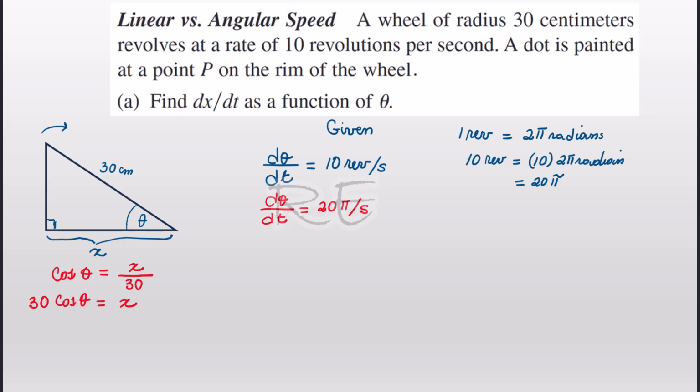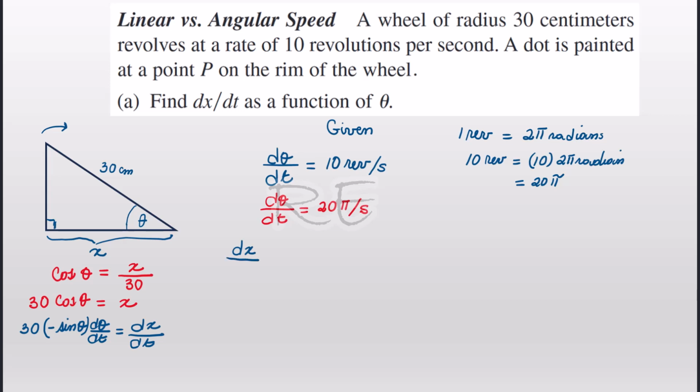We're going to take the derivative of both sides. 30 times negative sine theta d theta dt, the derivative of the revolving angle with respect to time, is equal to the derivative of x with respect to time, dx dt.